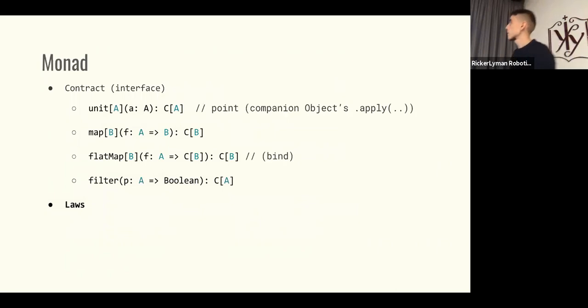For instance, just think about list: when we map over the list of values of type A, we return the list of values of type B, because we apply a function from A to B.